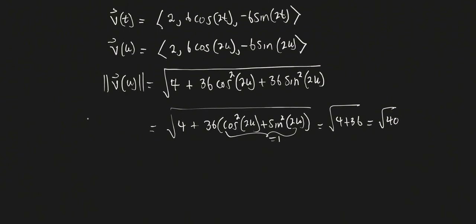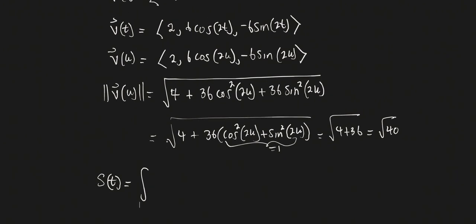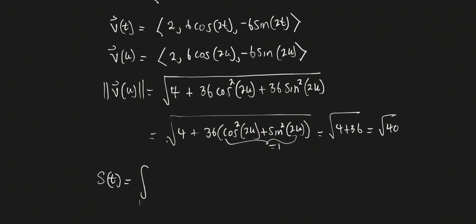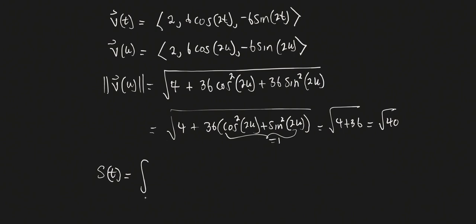So now let's write down this arc length function. So s of t is the integral from, now I didn't give a starting value for t. Usually in a problem like this, if it's not stated, we can assume that the initial value of t is 0. So we can go from 0, but then our upper limit now is the variable t, and then we will integrate our speed function with respect to u. So this will be root 40 du.